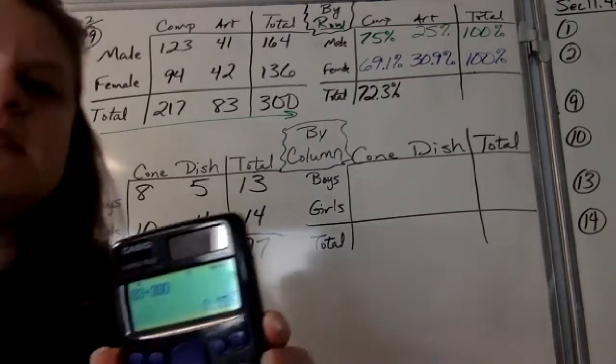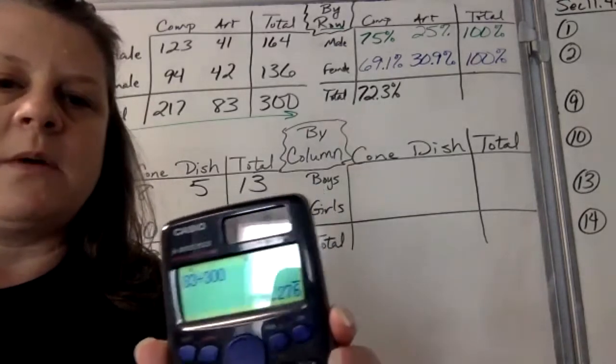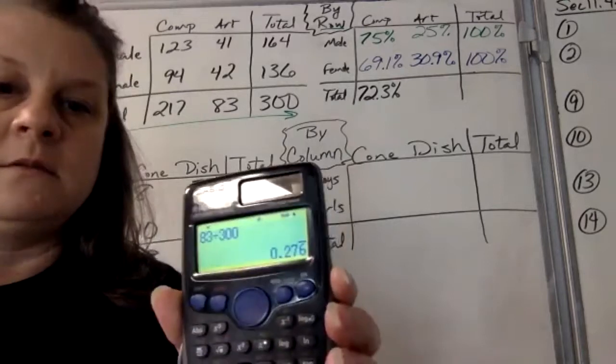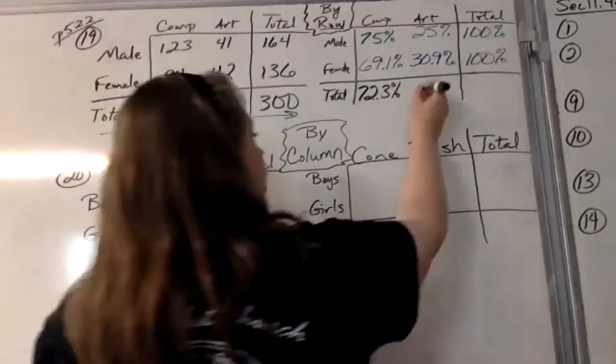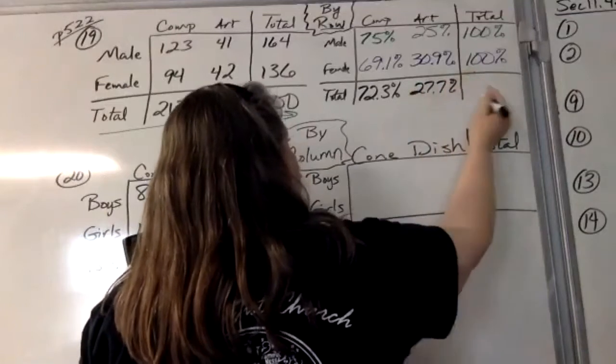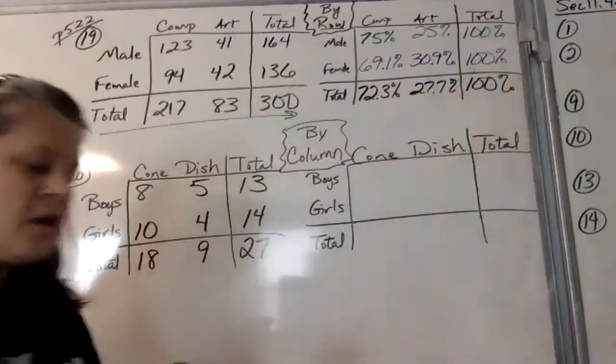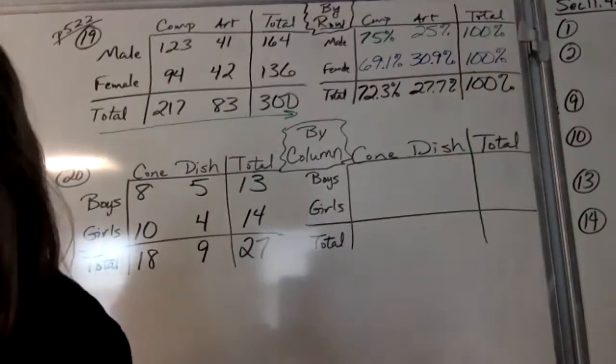And this, it's the 6 repeating. So is that next 6 going to make this one go up? Yeah. So it's going to be 27.7%, which hopefully those add to 100%. 100.